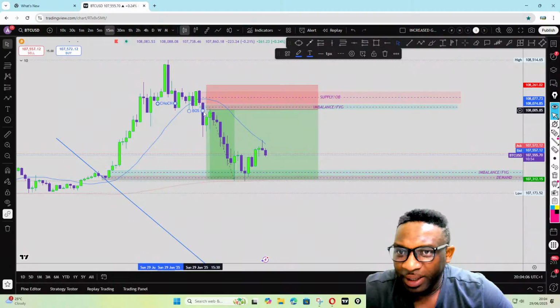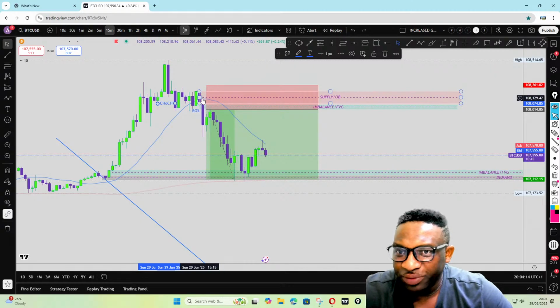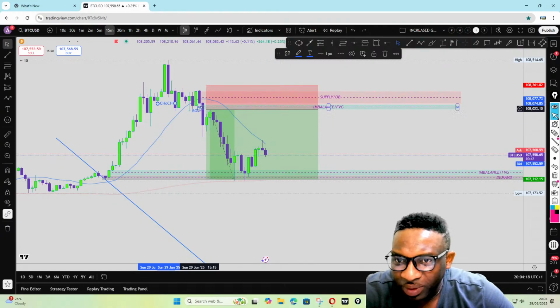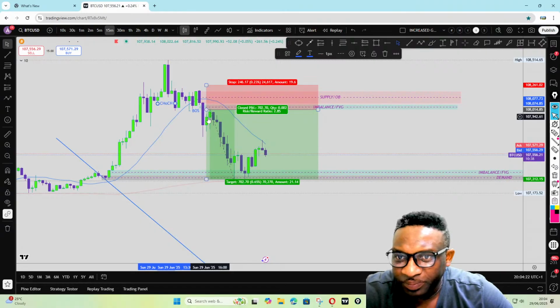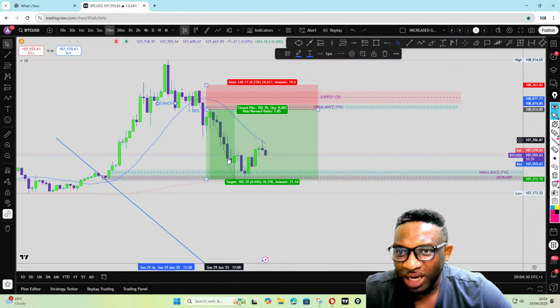So when I spotted that, I then marked this area as my area of interest, supply area, and also attached to it was this area of imbalance, which I marked. So I now put my entry here, and then price worked out beautifully.